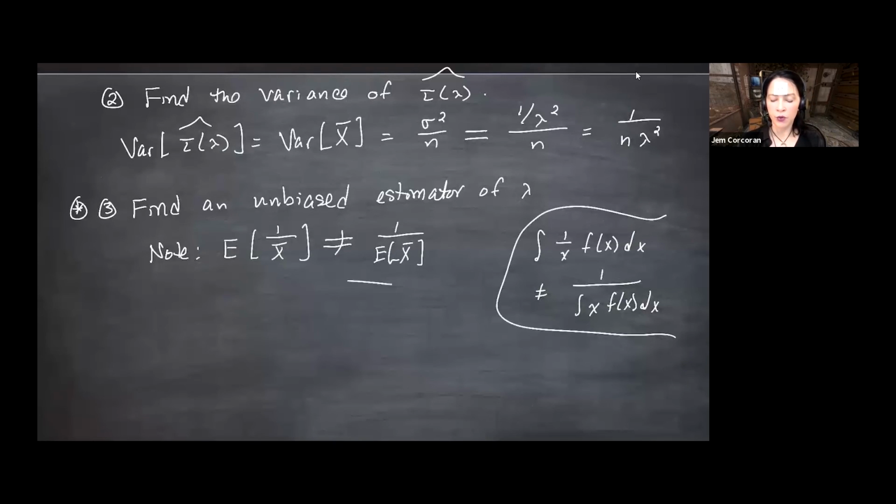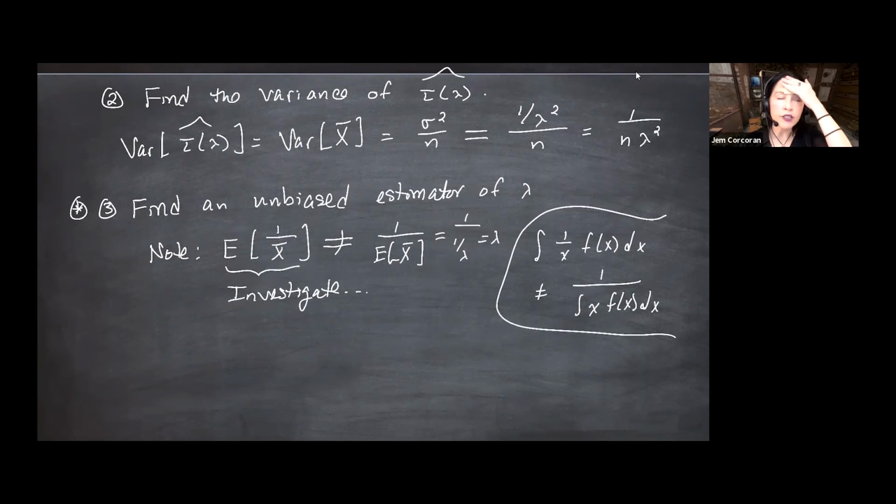So no way. But, by the way, if that were true, then we'd have 1 over 1 over lambda, and we'd have lambda. So motivated by that, let's just check this out anyway. So let's investigate.